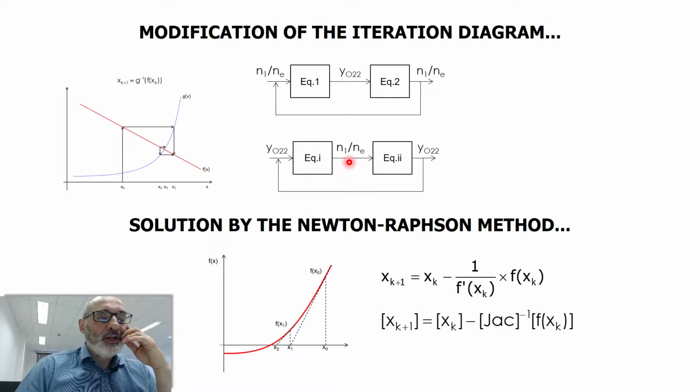If you change the equations, you may get a method like this, a process which is convergent actually. But the problem is you never know.